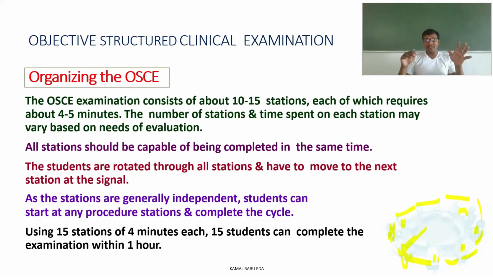It is not possible at all times, but sometimes you can go for different stations based on the need. But usually they will go step by step. Using 15 stations of 4 minutes each, 15 students can complete the examination within 1 hour if they are going for independent stations. In such a way they will organize this OSCE.